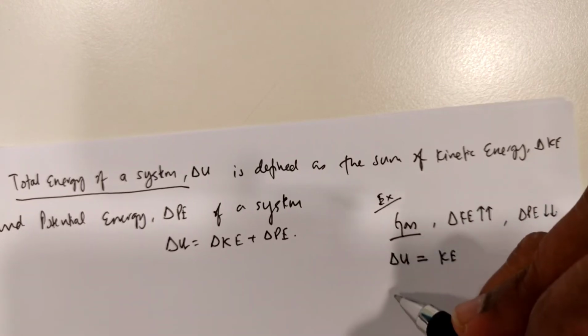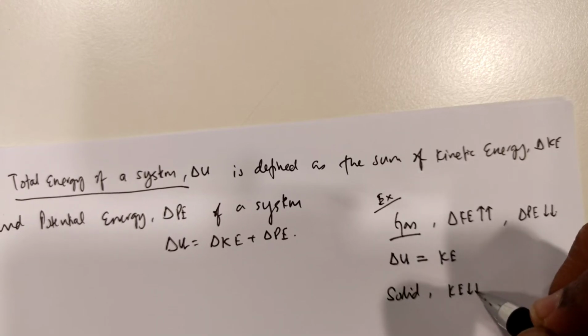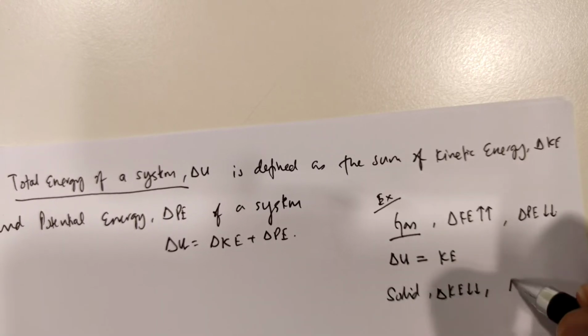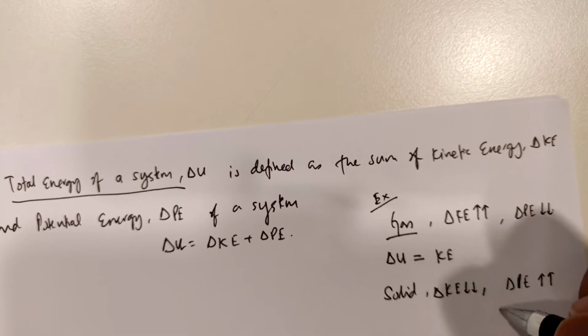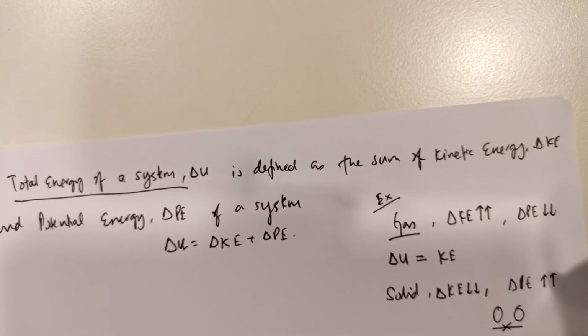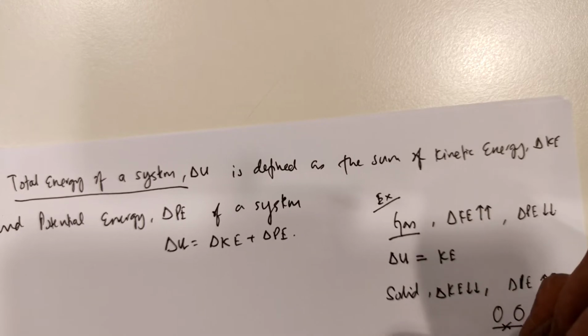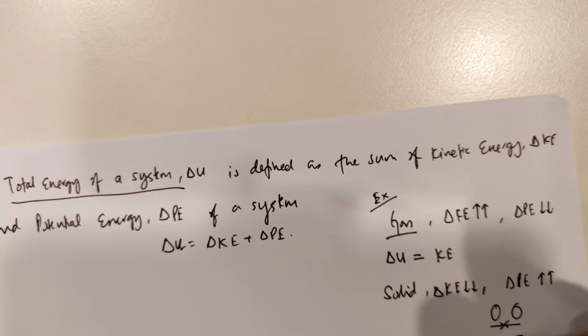If you take a solid, the KE is a bit low and the potential energy is very high. The reason is the intermolecular forces are pretty high because the molecules are very near to one another and they have very strong attractive force. So the internal energy very much depends on the potential energy rather than the kinetic energy, which is a bit low.